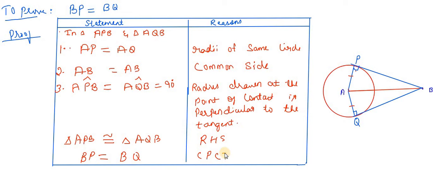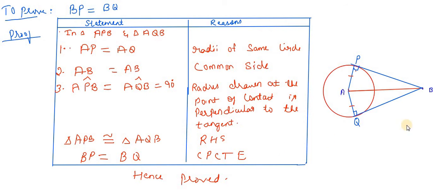Corresponding parts of congruent triangles are equal. CPCT, corresponding parts of congruent triangles are equal. So hence it is proved. Hence proved. Is it clear? So that is what we needed to prove. Hence we proved. I hope all of you understood this.